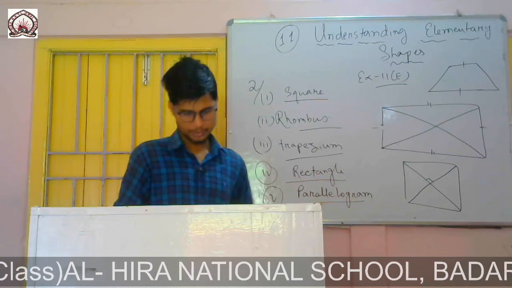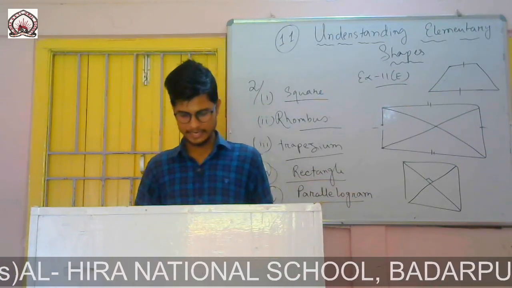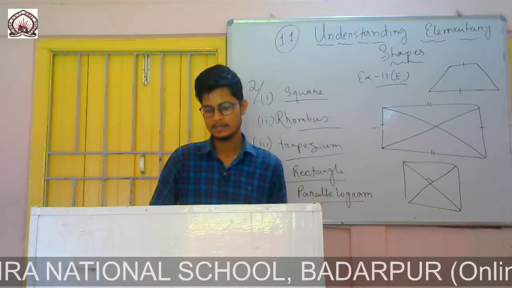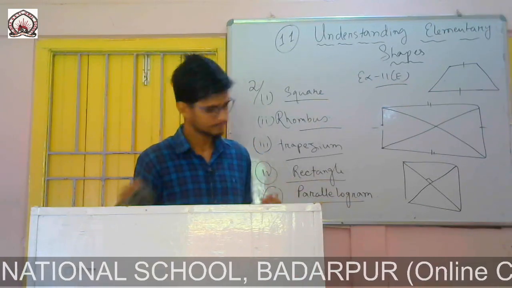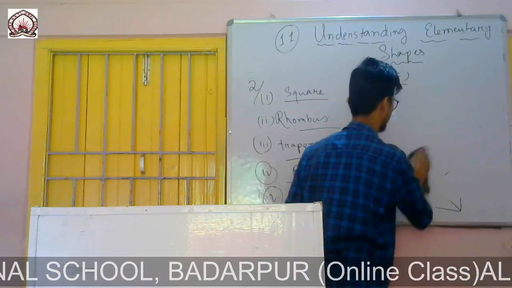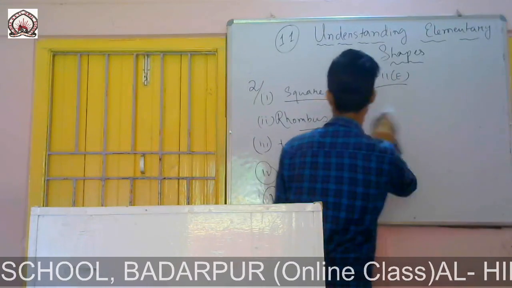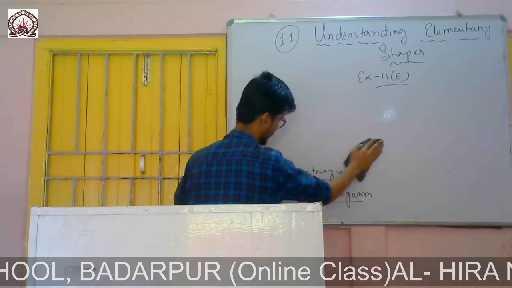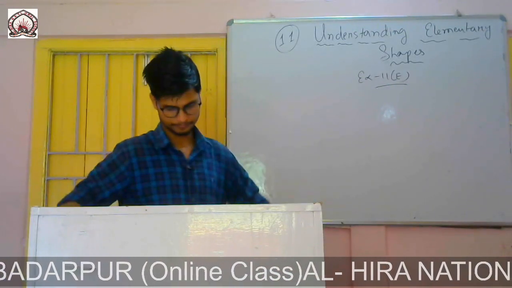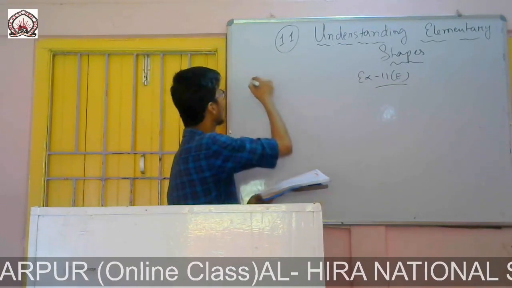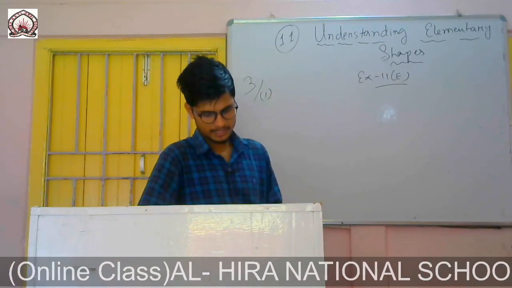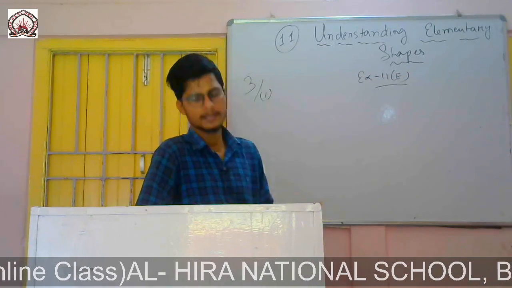Now question number 3, determine if the given statements are sometimes, always or never true. Roman number 1, a parallelogram is a quadrilateral.